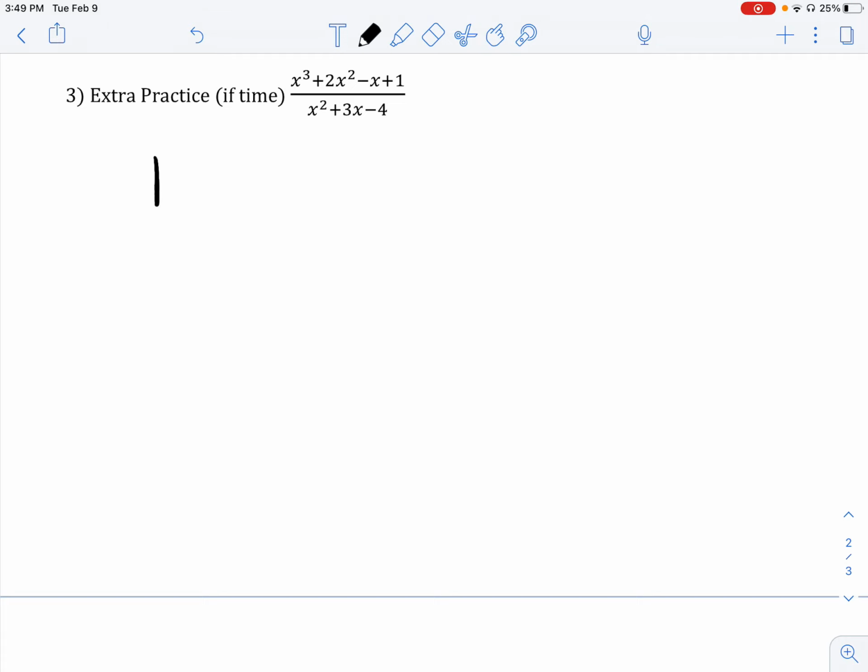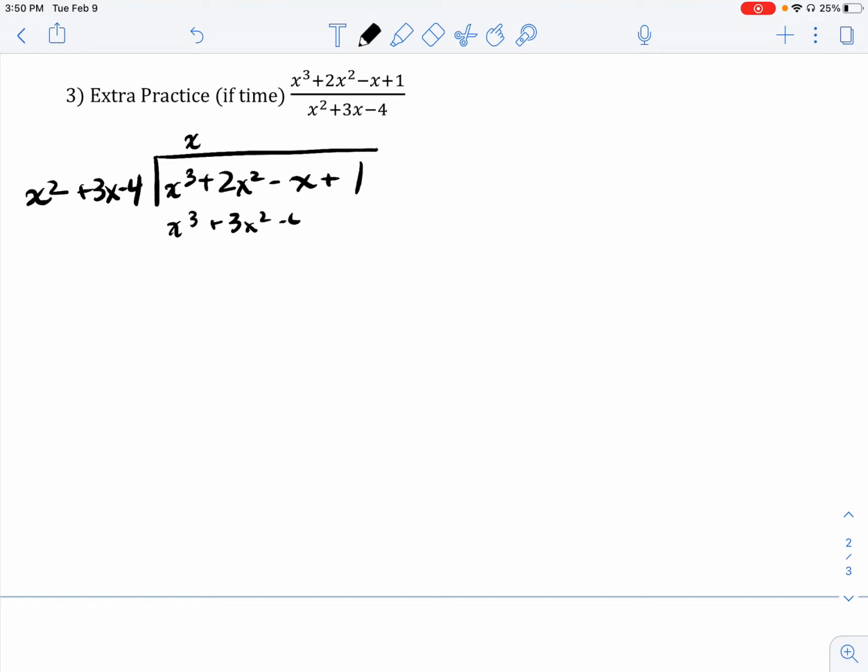But if I'm doing the long division here first, just to really quickly show you this, x squared plus 3x minus 4 would go into this polynomial x times, which would make this. And when I subtract those rows, I'm left with negative x squared plus 3x plus 1.